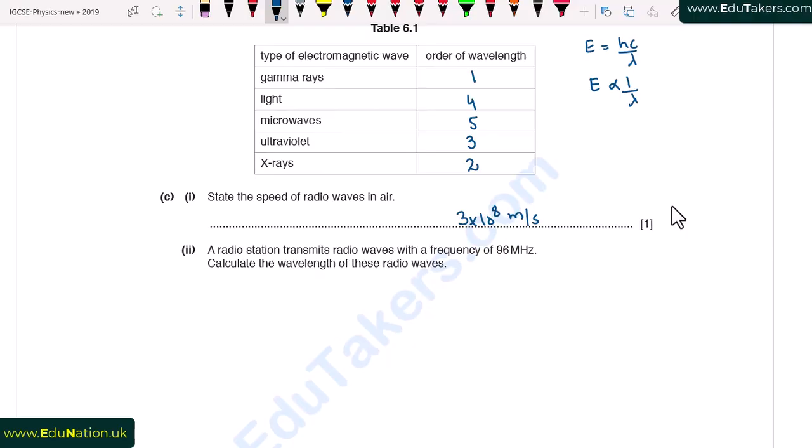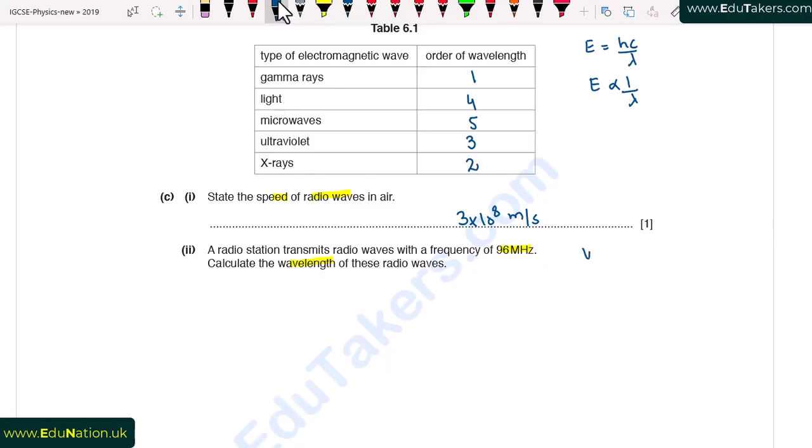Part 2. The radio station transmits radio wave with a frequency of 96 MHz. Here frequency is 96 MHz. Calculate the wavelength of this radio wave. In part 1, the speed of radio wave that is used is 3 into 10 to the power 8 meter per second.